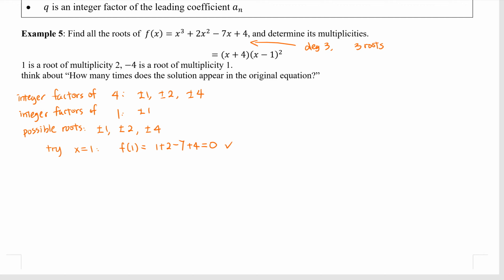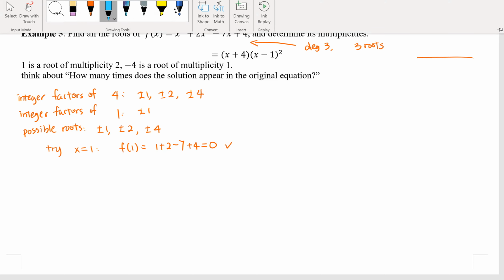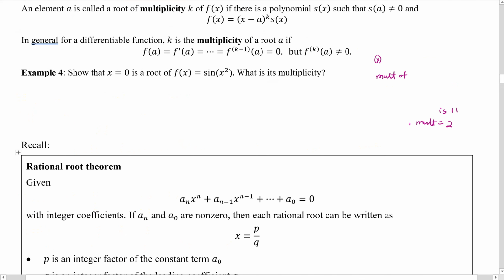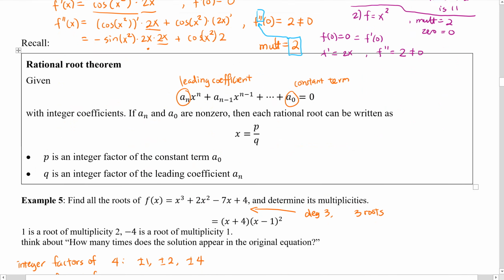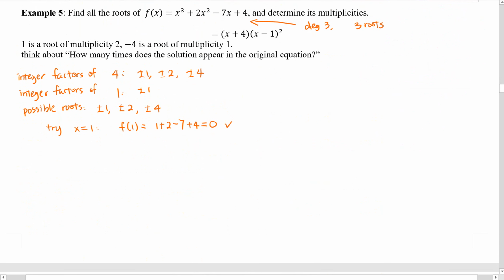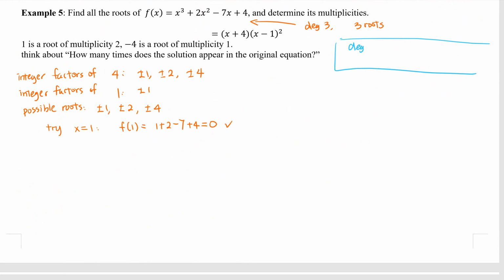Let me write this down. If we're given a degree 3 polynomial, we need to use the rational roots theorem to find one root, and then long division.